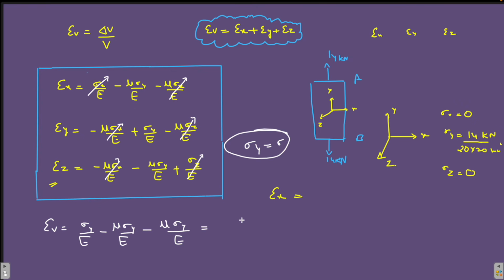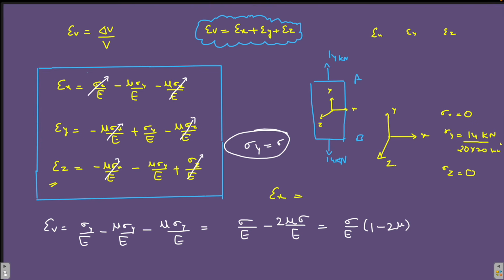Why write x, y and z if there is only sigma y, right? So I am writing sigma by E minus 2 mu sigma by E. So let's solve it further. Sigma by E will be common, and 1 minus 2 mu.